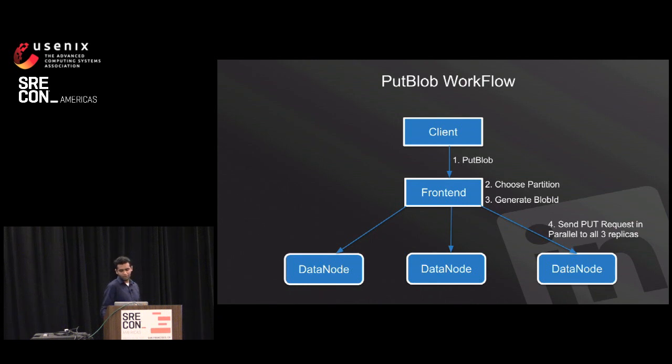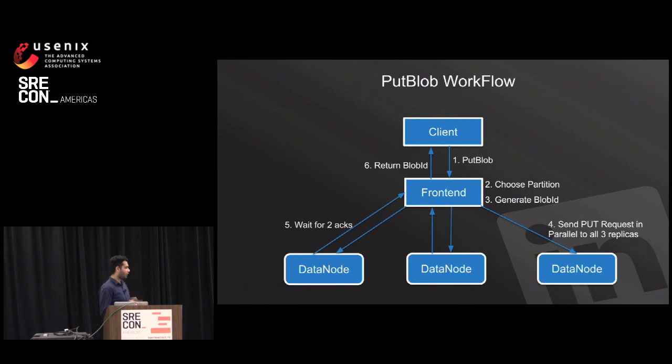And once the put signal has been given out, it waits for 2 acknowledgements. Again, the number 2 can be configured. It's a trade-off between latency and consistency. And once it gets 2 acknowledgements, it returns the blob ID to the client.